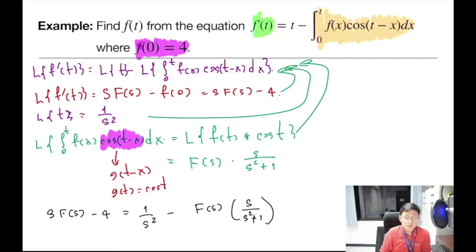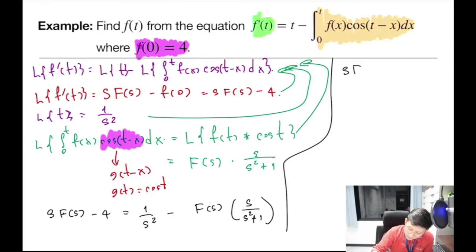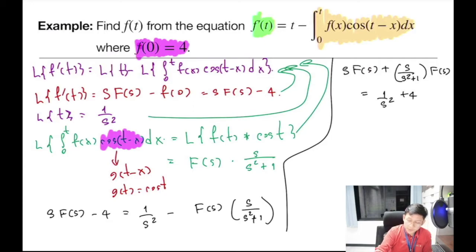And then we would have sF(s) plus s divided by s squared plus 1 times F(s) equals 1 over s squared plus 4. I push this to this side and I push this to this side.